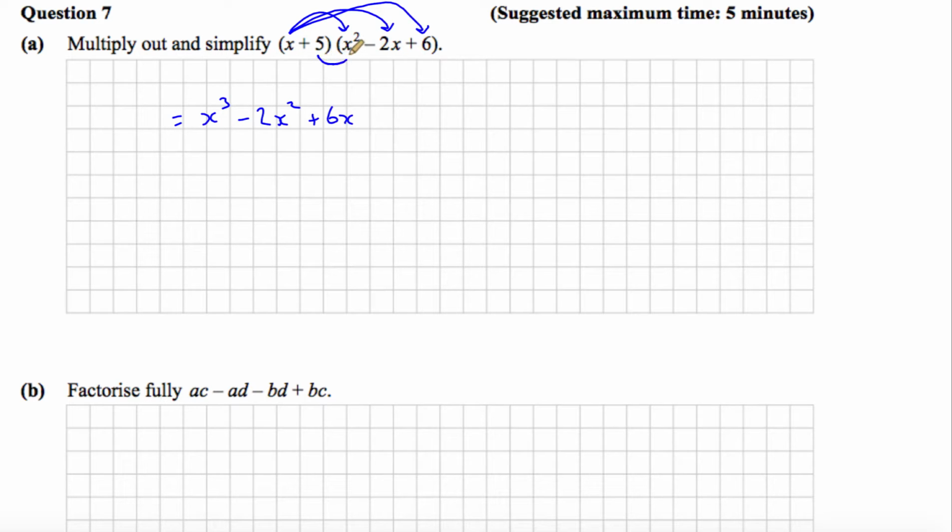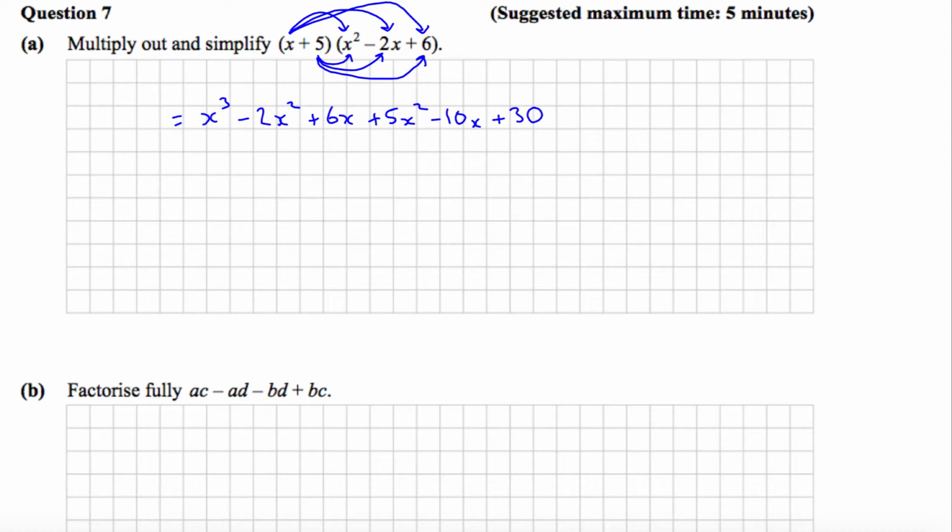Then I'm going to multiply the 5 by each of these as well, so the first one, 5 by x², is 5x². Then we have 5 by −2x, which is −10x. And then 5 by 6, positive 5 by positive 6, which is positive 30.